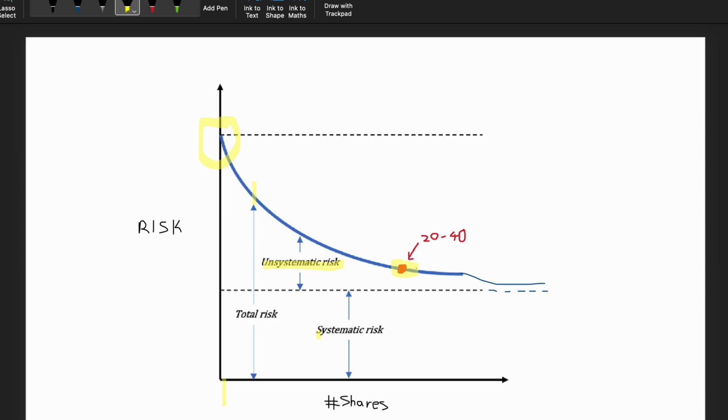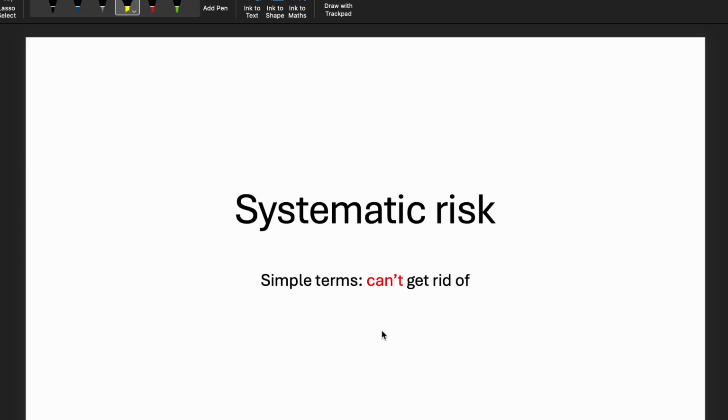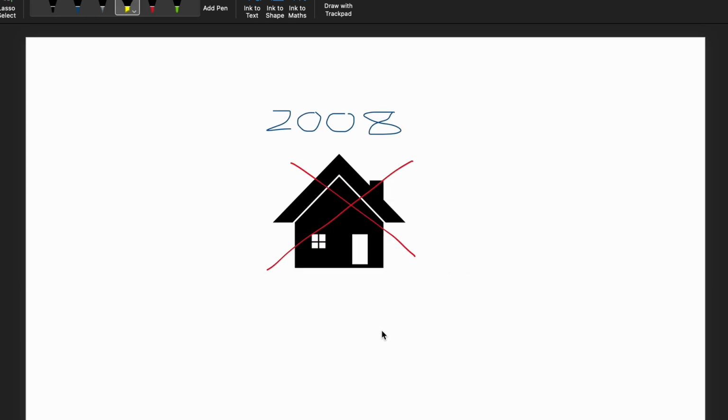But you're probably asking yourself, okay, so we can pretty much get rid of unsystematic risk. What about systematic risk? Systematic risk, in simple terms, is just risks that you can't get rid of. It's risks that impact the entire market. For example, as you can probably remember, the 2008 global financial crisis is the perfect example of this. This is when the housing market entered a big bubble and essentially collapsed.